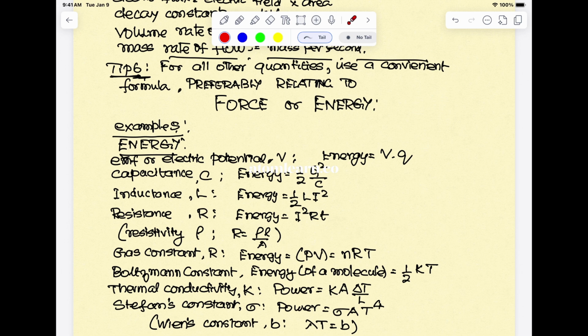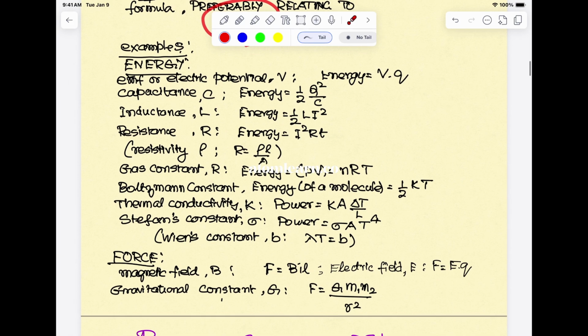Energy will occur in almost all the formulas. Therefore, use that particular formula which gives a relation between the quantity for which you want the dimension and the energy. In some cases you may find that there is no energy formula linking. In such cases there will always be a force formula linking.